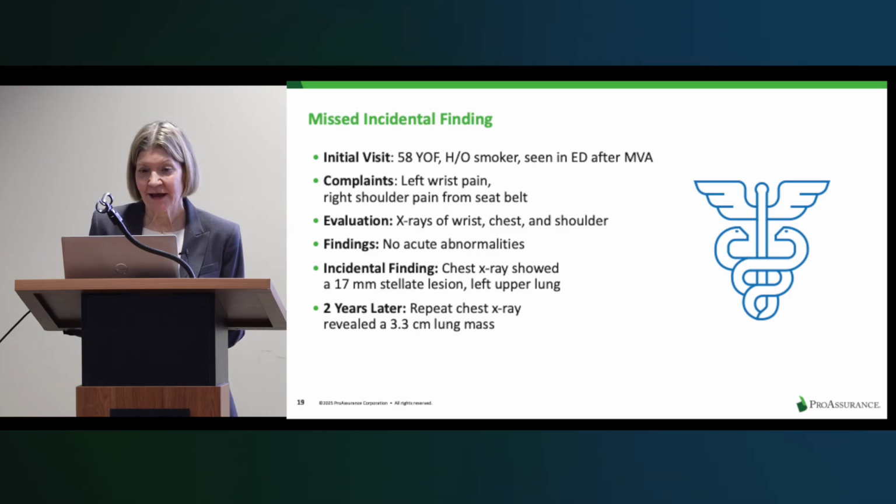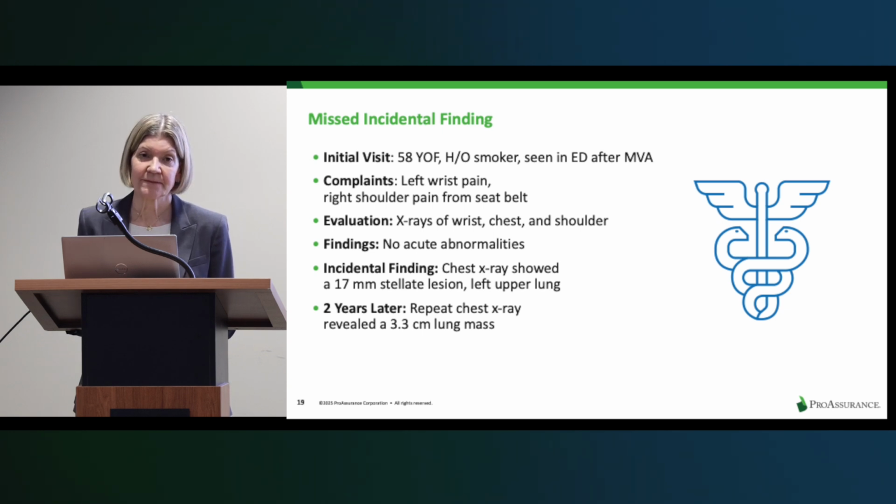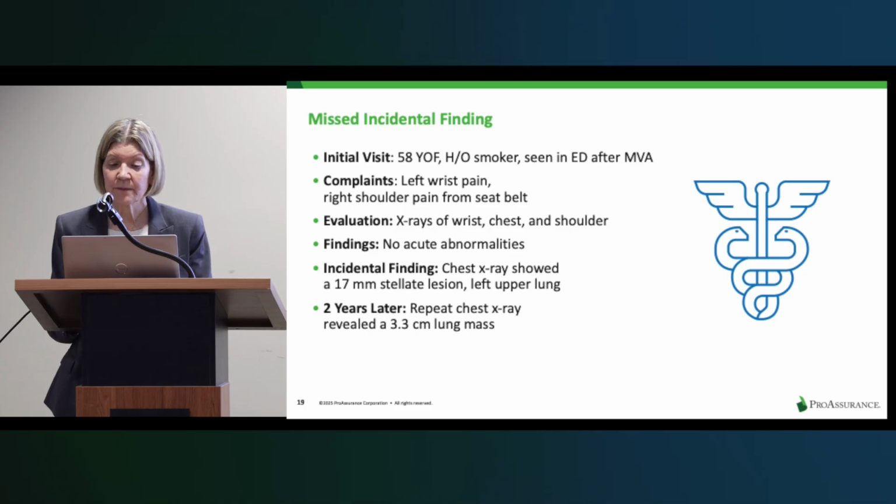Two years after the accident, she presented to an urgent care for persistent cough and rib pain. A chest X-ray revealed a 3.3 centimeter left upper lobe lung mass, which had significantly grown since the X-ray taken following the car accident. A subsequent CT scan confirmed the left upper lobe mass, which was highly suspicious for malignancy.